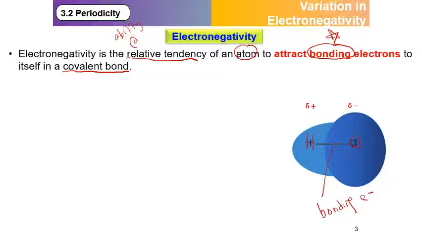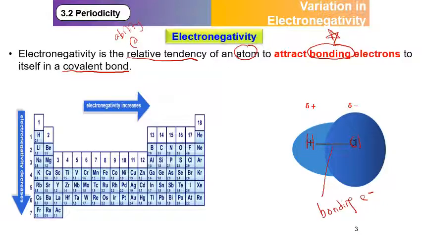Okay, then now let's take the periodic table as the example. You will notice that there is a number at the bottom of each element here. But these numbers do not refer to the proton number and also not to the relative atomic mass. So basically, what does this number represent?